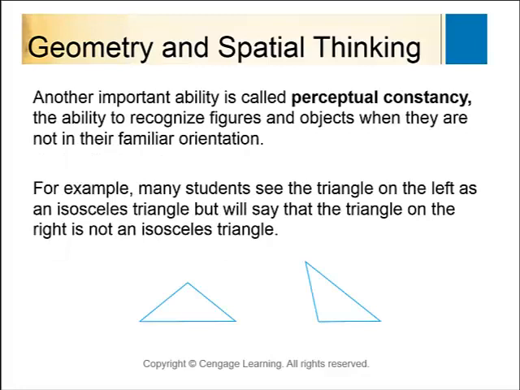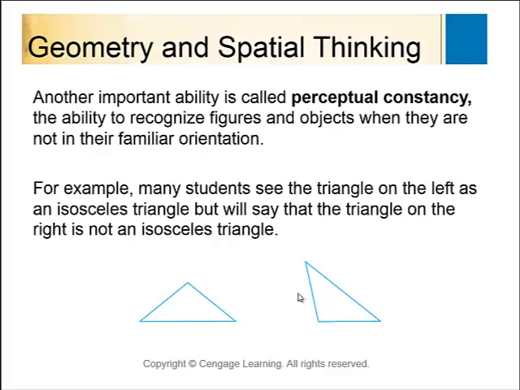In this one, we have two triangles that are exactly the same. We would call them congruent, but one is just flipped around. Most students can see that this first triangle is isosceles, because you can see that the two sides here and here are of the same length, but they don't see it when they're looking at this triangle, even though both of these two sides here are of the same length and this one is isosceles.